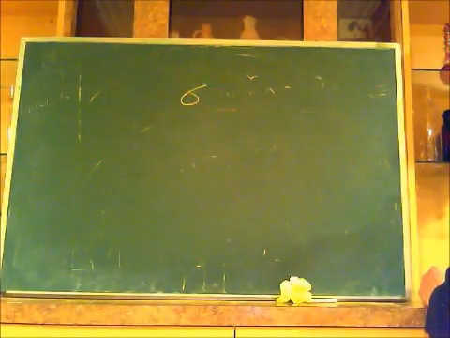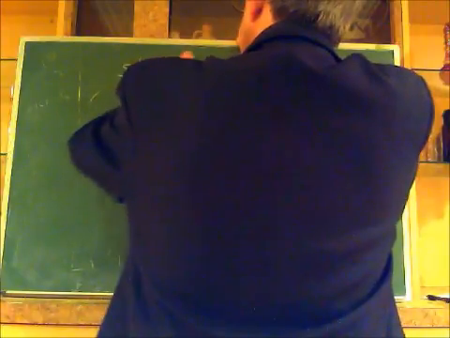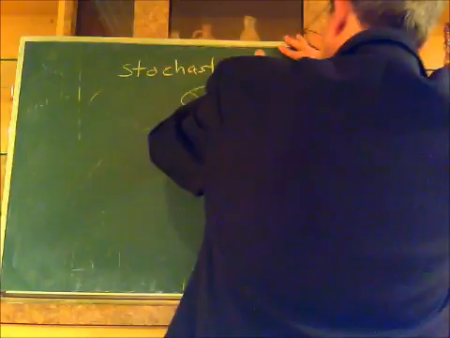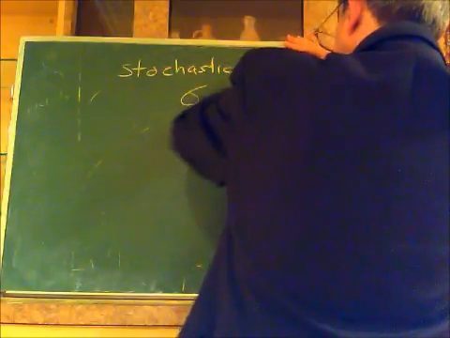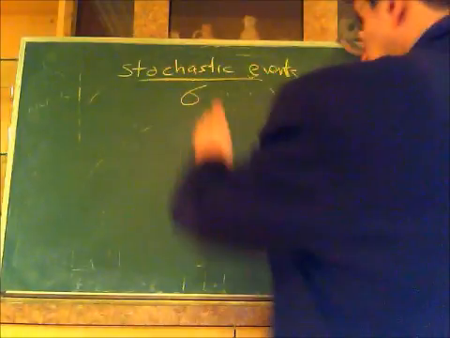And when you do that, what you'll see is that radioactive decay is random. The other word you should know for this is stochastic events. Stochastic is another way of saying random.